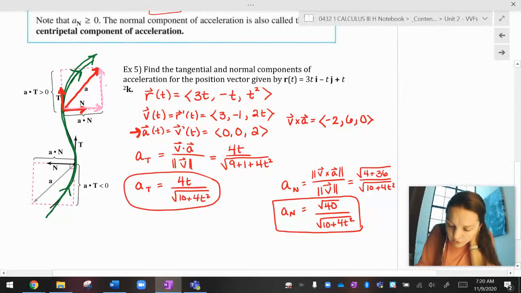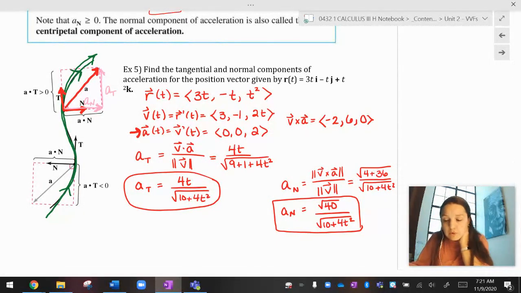So this length right here would be the length a sub t, and that pink length right down there is going to give me the length for a sub n. All right. And the other thing you should notice is that your acceleration vector points in the same direction as your principal unit normal vector. The acceleration vector points inward toward that like centripetal force.